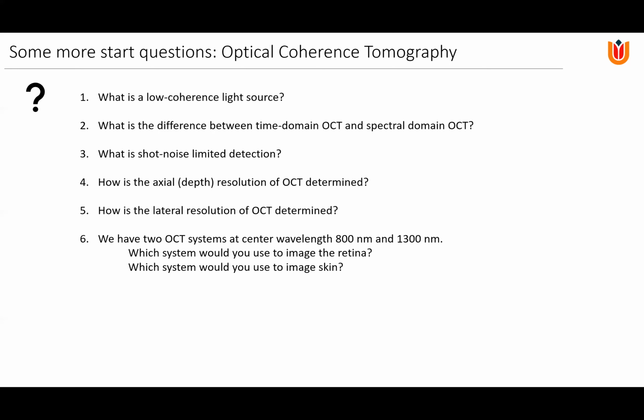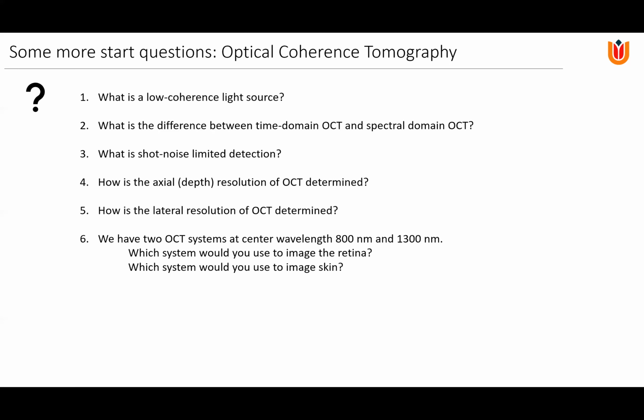So if this laser emits all the light simultaneously, and if you would only have a single detector to measure that, then you would need to move this reference mirror to get your signal. What you would get is a direct measurement.